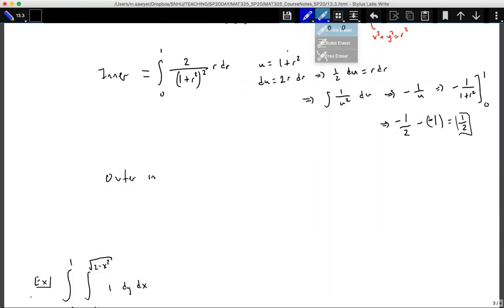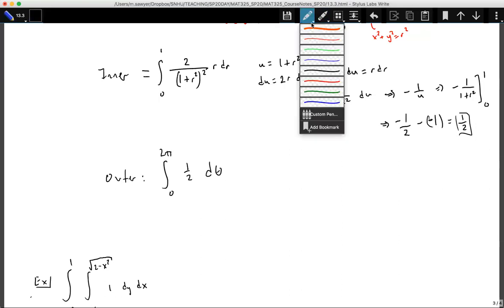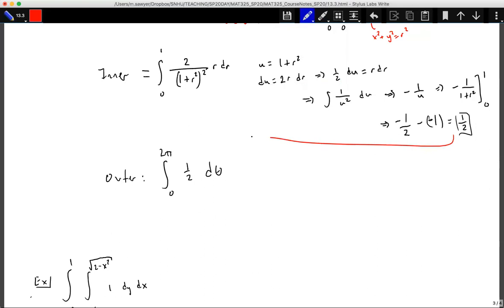The outer integral would then be from 0 to 2 pi of 1/2 d theta. You substitute in the 1/2 where the inner integral was, and then we get 1/2 theta evaluated from 0 to 2 pi. So we get the value of pi as our result here. So that is the value of this integral.